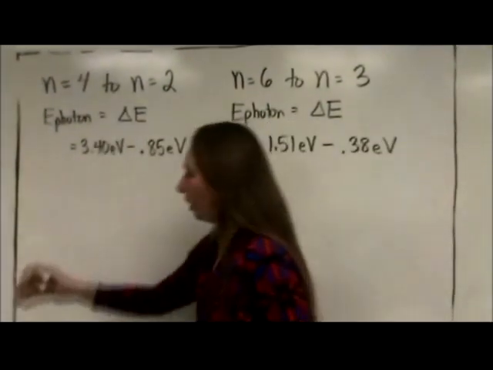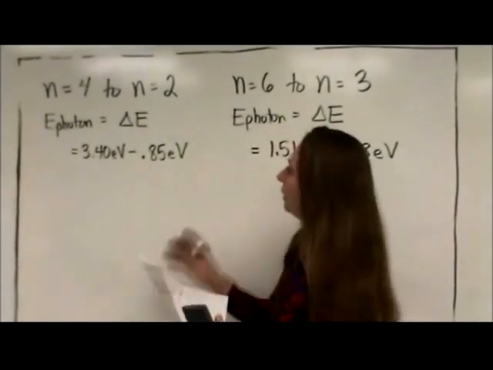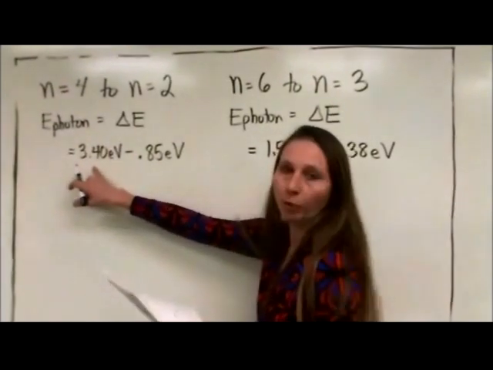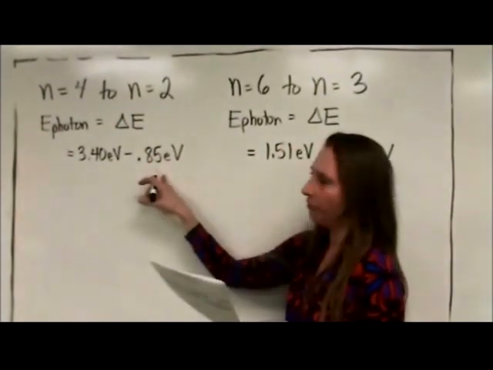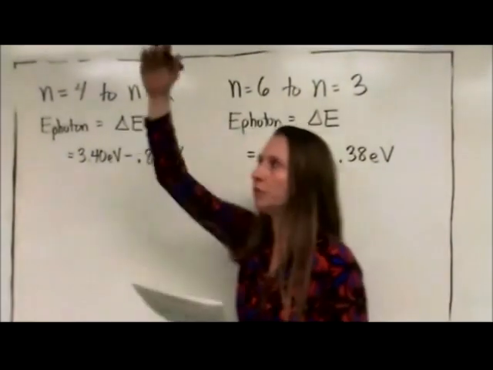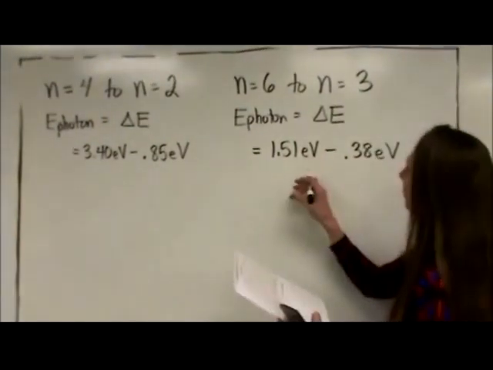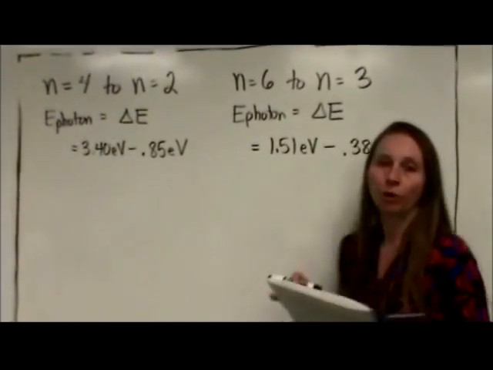I looked up on the energy level diagram. The amount of energy for n equals 2 is 3.4, the amount of energy for n equals 4 is 0.85. We're going to subtract them to see how much energy the electron loses. Here, n equals 3 is 1.51, n equals 6 is 0.38.